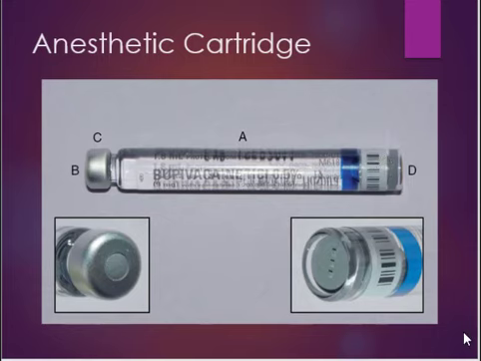The diaphragm right here, located at the top of the cartridge where the needle is inserted, is where contamination of the anesthetic solution can happen if proper storage of these cartridges is not followed. Now the aluminum cap is going to fit neatly and snug around the rubber diaphragm to help keep it in place.